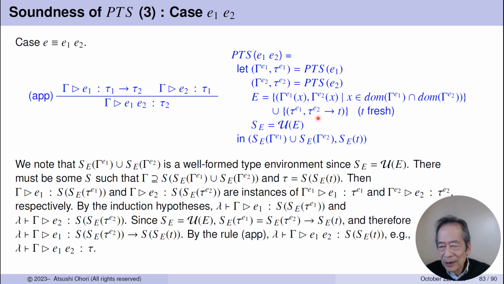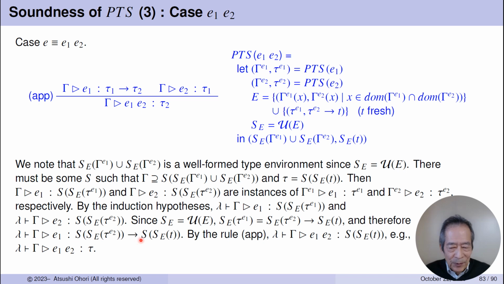The equation contains this equation. Therefore, SE of tau E1 is equal to SE of tau E2 arrow SE of T. And therefore this typing is derivable, right?